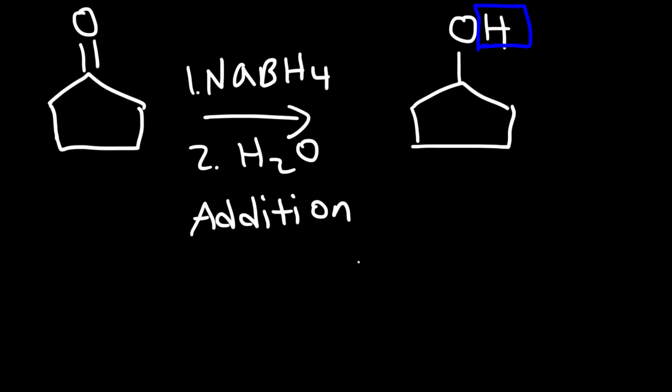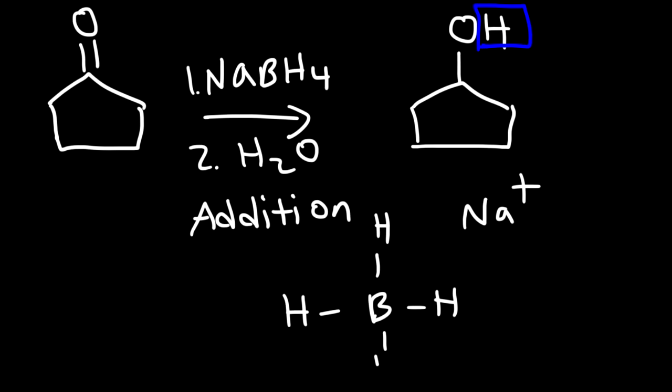Now, sodium borohydride has a sodium ion and a boron atom surrounded by 4 hydride ions. The boron atom has a negative formal charge, but if we consider the boron-hydrogen bond, boron has an electronegativity value of 2.0 and hydrogen has a value of 2.1.